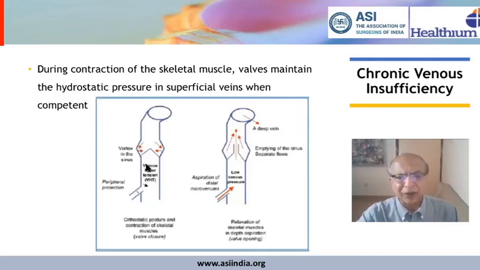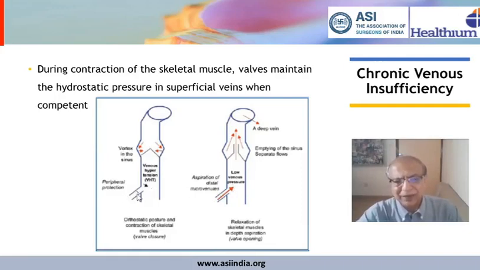In the standing position, when the muscle is contracted, the valves are closed. Once the valves are closed, there is no hypertension that is communicated to the vein below. However, if this valve is incompetent, even if the muscle is contracting and the blood is leaking, there will be venous hypertension.